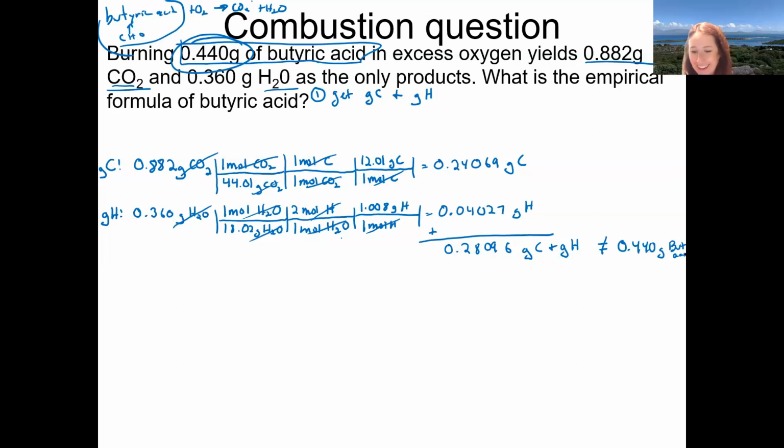So that means this is C's and H's, and this must have C, H, and O. So question for you: how can I get the grams of oxygen? What can we do? How can I get the grams of oxygen from here?